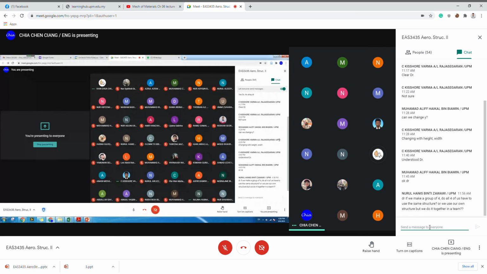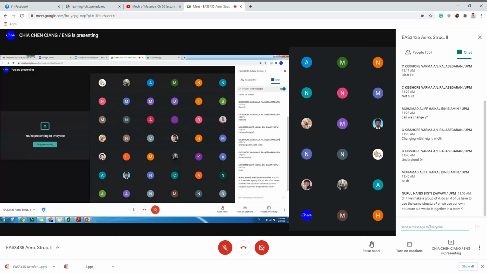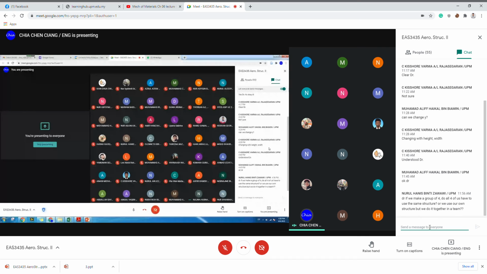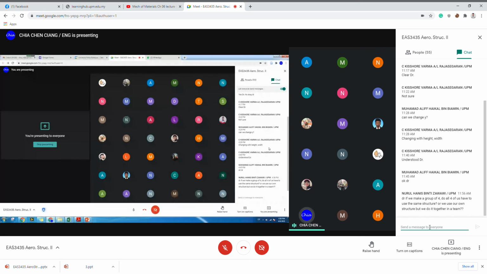There's a question in the chat box here. If you make a group of 4, do you need to use the same structure? Yes. So when you merge, you need to do some adjustment, or you need to continue with a new. Among, let's say, 4 members or 5 members, you pick whose work is the best so far.